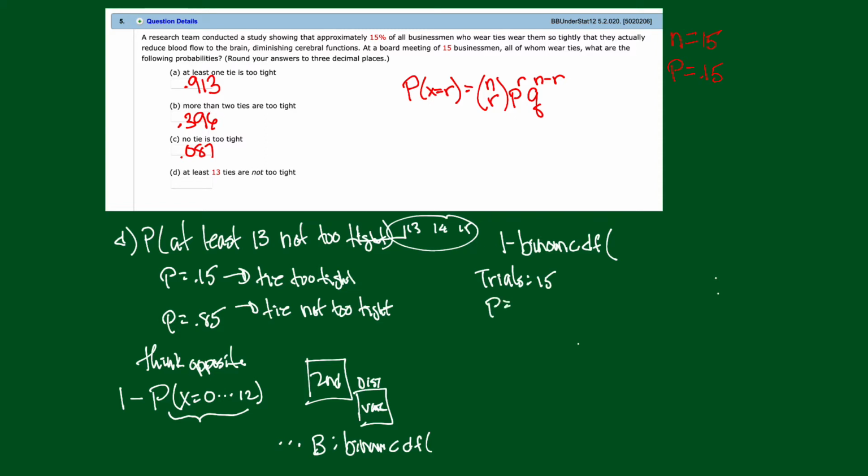P, now this is the new probability of success, is 0.85. And then, what do we have? The X value. That's why I like to write it out. My X value is right here, 12, because I'm thinking opposite. So I'm going to put a 12 in here, and then we'll paste, and then we'll compute. And when I computed that one, I got 0.6042, but I'm rounding off to 3 places. So let's just round it right off there, 604, and I will make that statement up here at the top, 0.604.